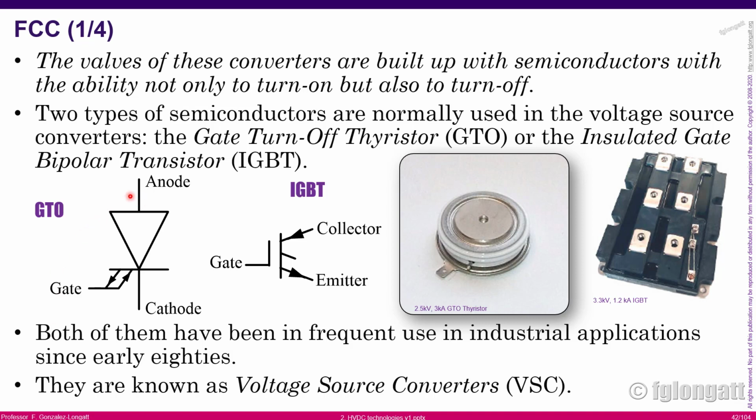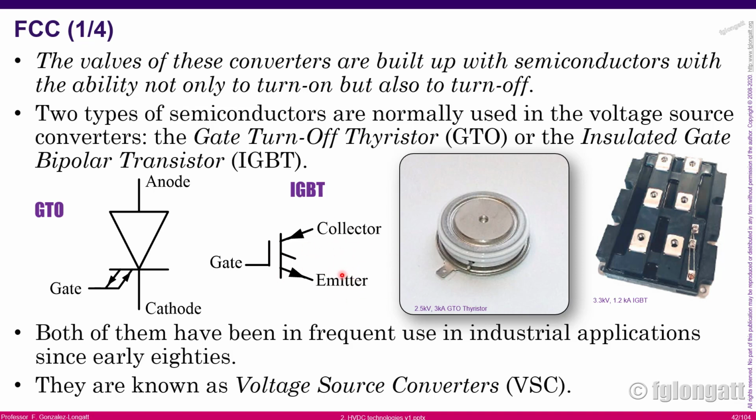Okay, over here on the left-hand side you can see the graphical representation of a GTO, and as you can see there is a gate over here, with signals going in and going out. In this case you also have the IGBT, the insulated gate bipolar transistor.